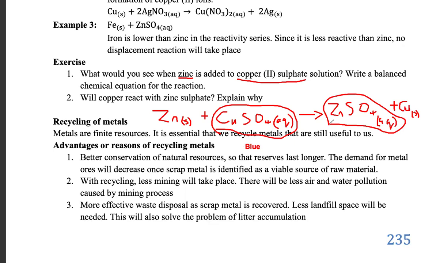I don't know the color of zinc. Zinc gives a colorless solution. Zinc sulfate is colorless. Let me put it down: we expect the color change from blue to colorless.